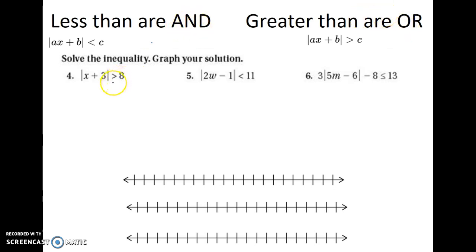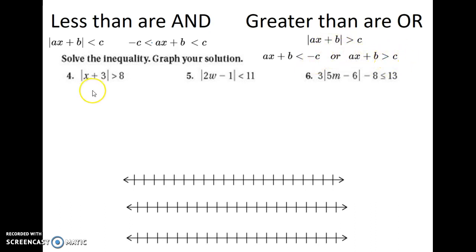So this first one is a greater than statement. So we have to look and see that we have to use this situation. You take what is inside the absolute value bars, and you make it into an or statement where the expression is less than the negative form of C, because this answer could be negative, or the positive form when it's greater than.